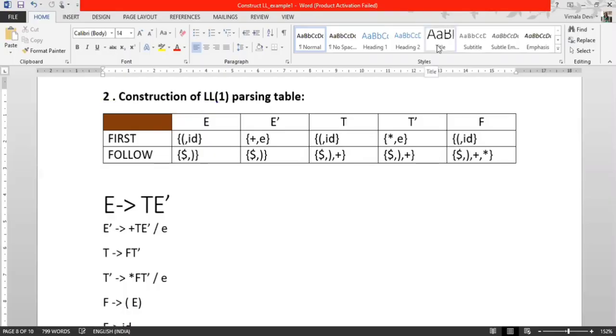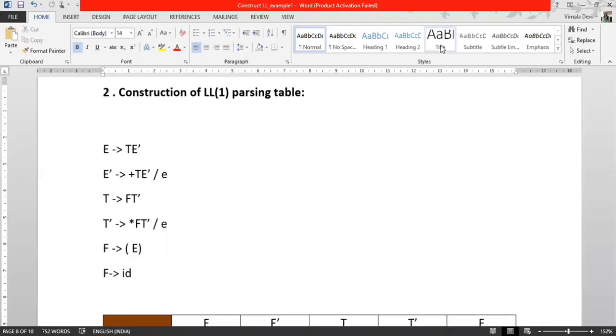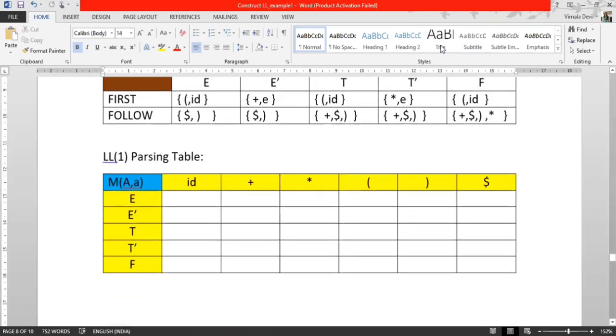Now let's move on to the second step in the construction of the LL1 parser. Now let us see the structure of the parsing table. This is the structure of the LL1 parsing table. This is the signature of this parsing table. M refers to the matrix, A refers to the row value, and the small a refers to the column values. The capital A reminds us of the variables, the small a reminds us of the terminals.